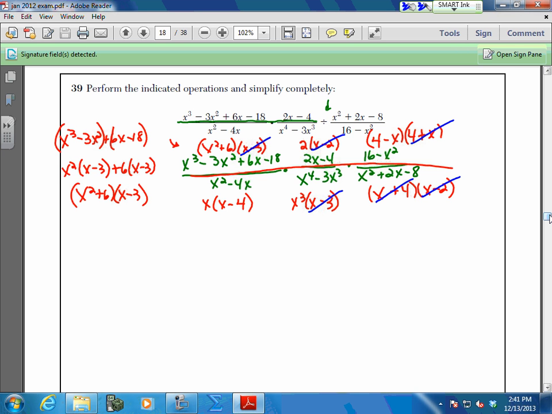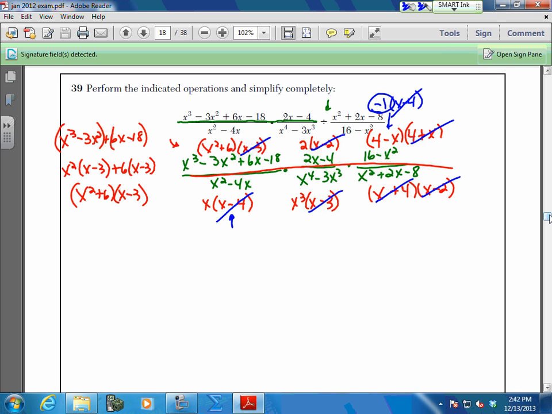And what's left here is an x minus 4 and a 4 minus x. Notice they're exactly opposite signs. So if I factor out a negative 1 out of either one of them, I will make a match. Now I can take out the x minus 4. Circle that negative 1 so it doesn't get lost.